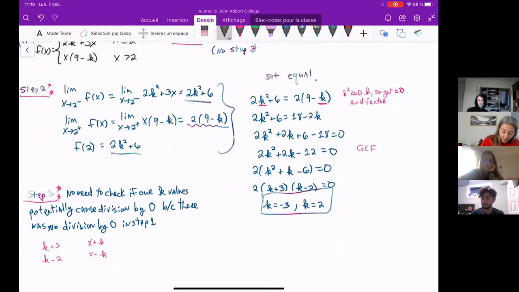If you have something like this appear, this is actually pretty straightforward to see. You can be like, oh, I got negative 3. Of course, now I have an infinite discontinuity. But x plus k and x minus k is the thing that makes this problem a lot more challenging. Okay. Are there any questions about continuity?